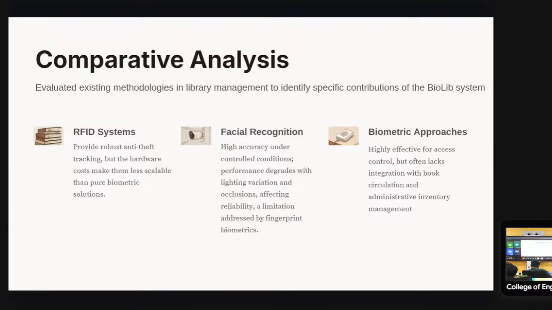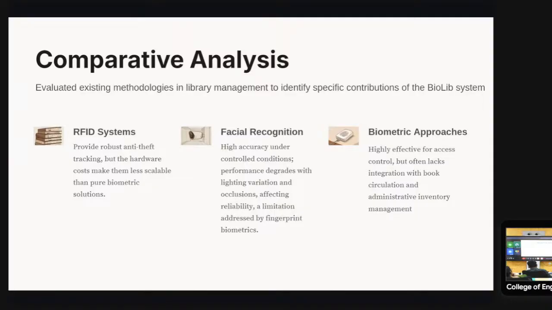RFID, that is radio frequency identification, provides robust anti-theft tracking, but its hardware cost is really high, which makes it less scalable. Facial recognition provides high accuracy, but under controlled conditions only. It requires proper lighting, proper alignment, and so on, so it is also not that efficient.